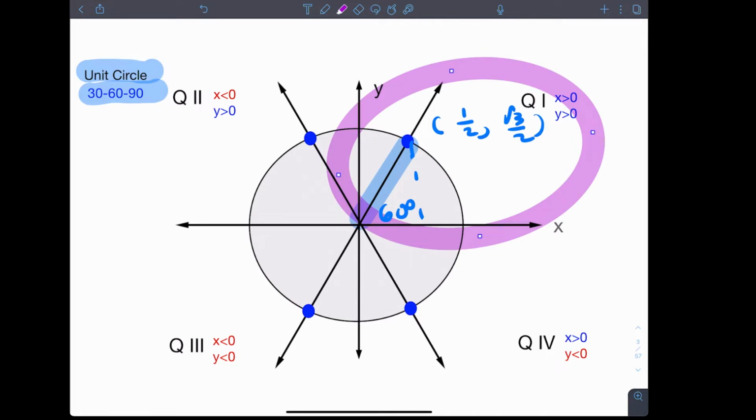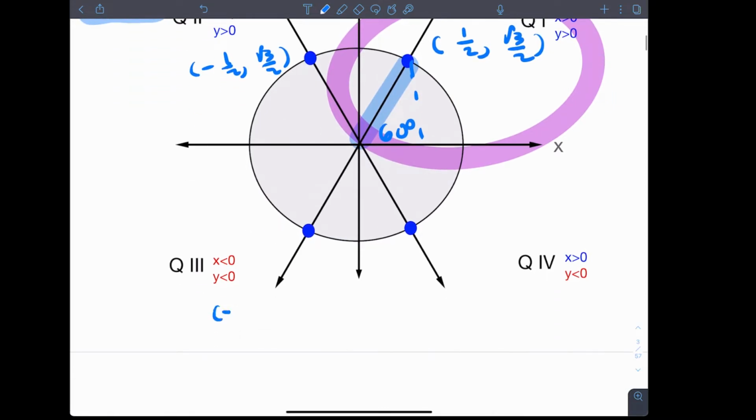Is that true? What's this point going to be? Negative. Good. That'll be negative 1/2, square root of 3 over 2. And then what's this one down here? Negative 1/2, negative square root of 3 over 2. And then what's this one over here?